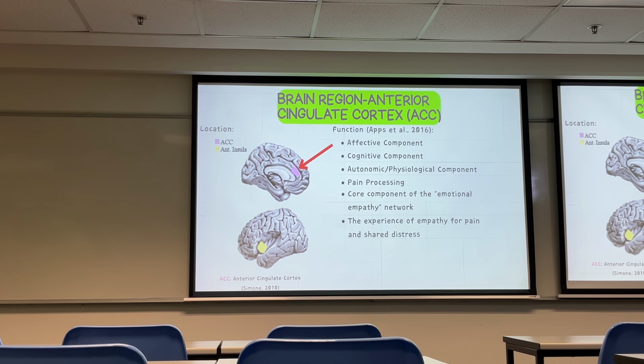The third one is the autonomic or physiological component, regulating heart rate, blood pressure, and other visceral responses in emotional situations. The last one is pain processing. It is a critical part of the pain matrix, encoding the unpleasant, distressing sensation of pain.